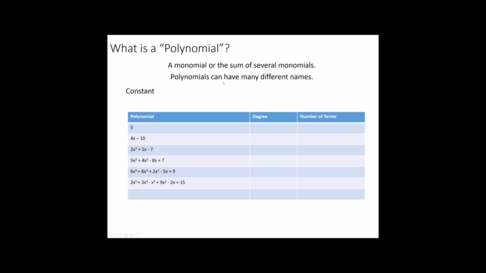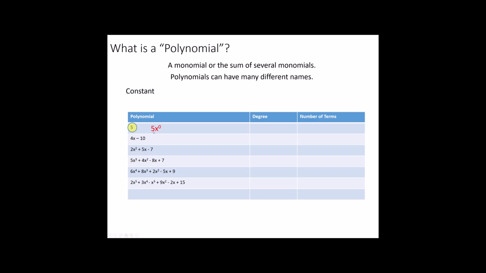We do give polynomials names based on two criteria. There's the degree of the polynomial. There's also the number of terms in the polynomial. Take, for example, this 5 here. A 5 is a monomial.